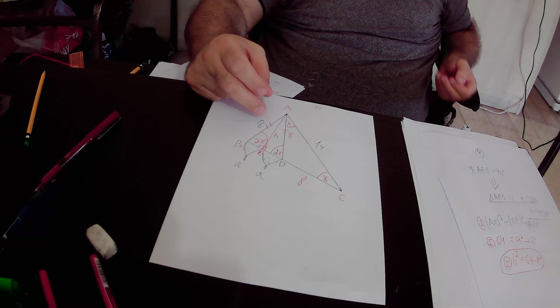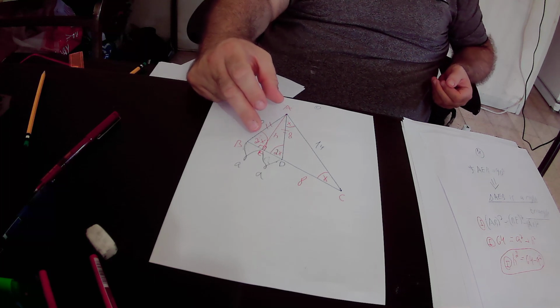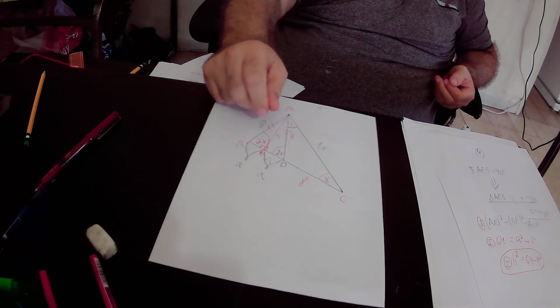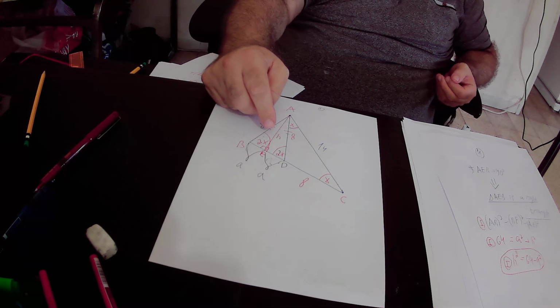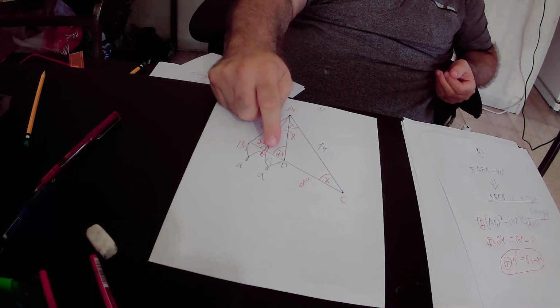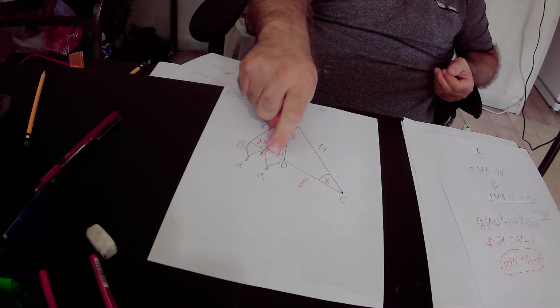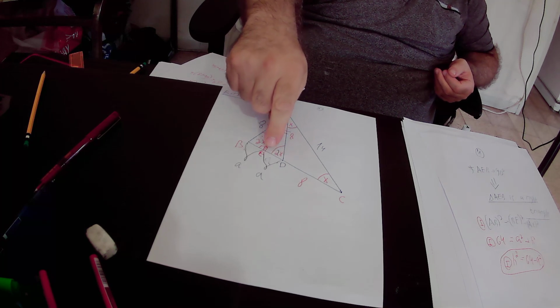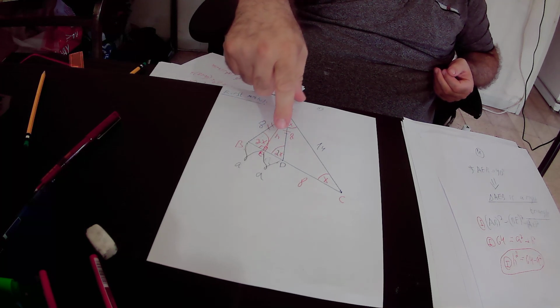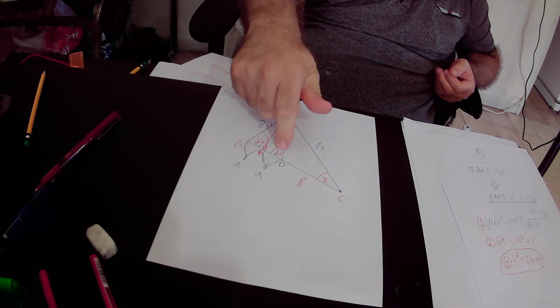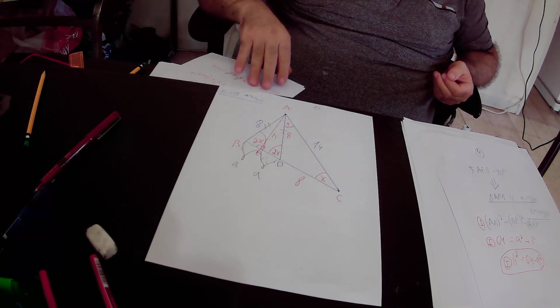But when we draw the perpendicular from point A to BD, it means that this angle is a right angle and this angle is a right angle. Because of the fact that this angle is a right angle, triangle AEC has one right angle, therefore triangle AEC is a right triangle.